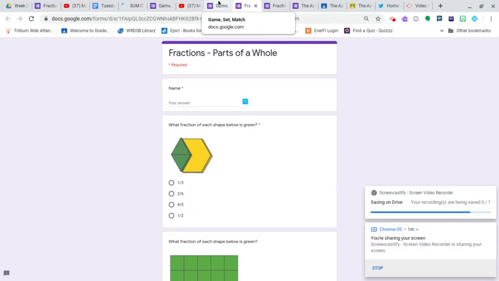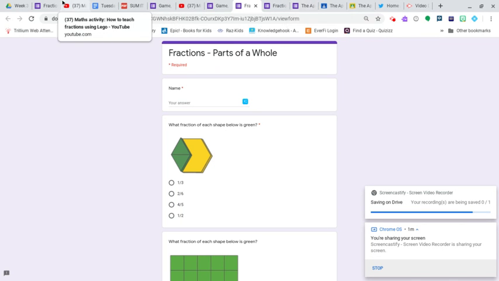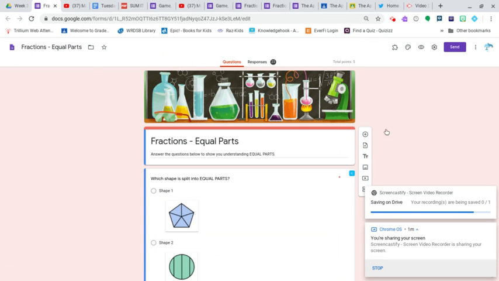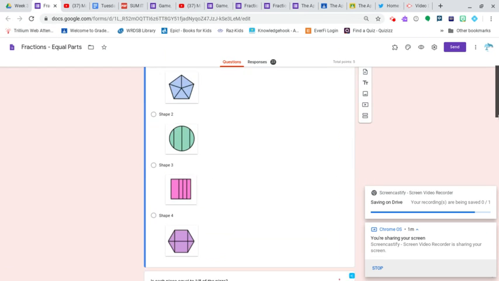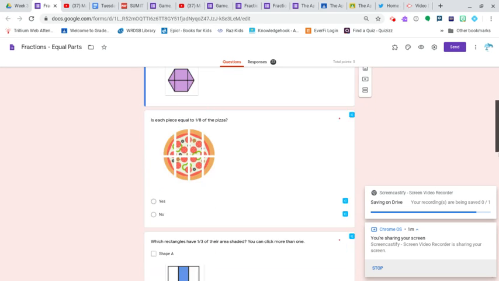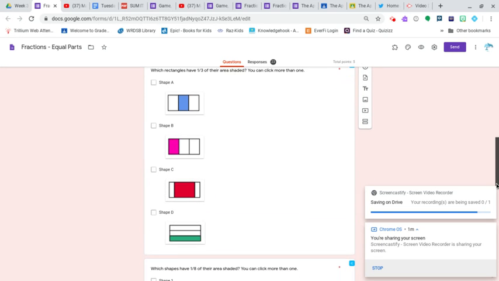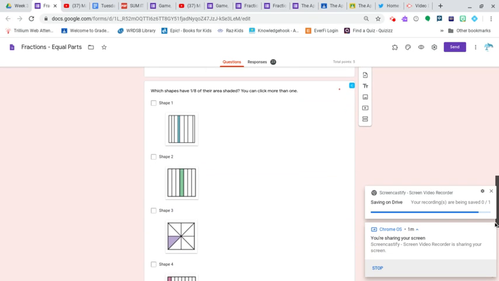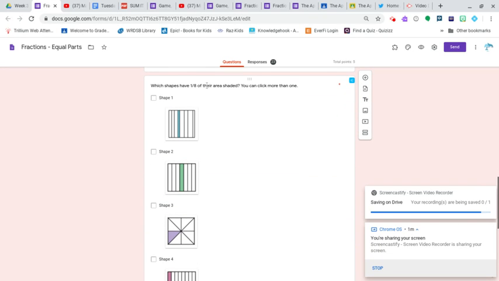Some of you, when you were doing it, let's see if I can go back to here, parts of a whole, fraction equal parts. So one of the questions was this one. Right over here. It's very important that when you are looking at the 1/8, these are all wholes. Parts of a whole are only correct if they have the same area, the same equal part.